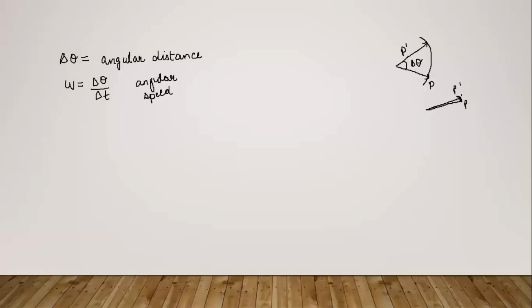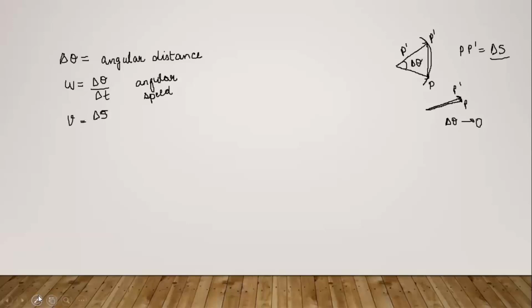Let's say the distance between p and p dash is delta s. For delta theta which is very small, tending to 0, this length of the arc can be reduced to this pp dash distance. For this limiting case, these two lengths are assumed to be equal, and so we can write that velocity v is equal to delta s.